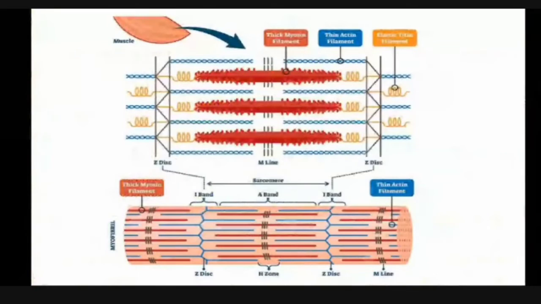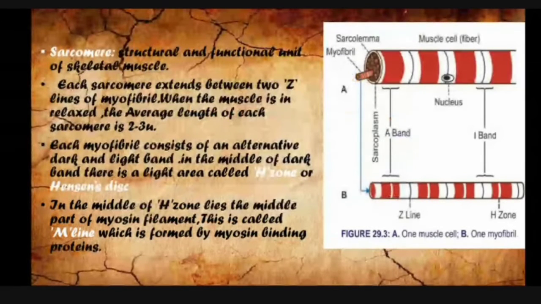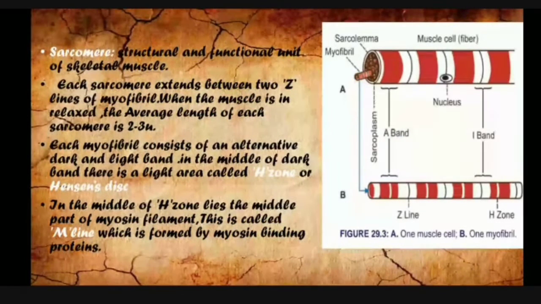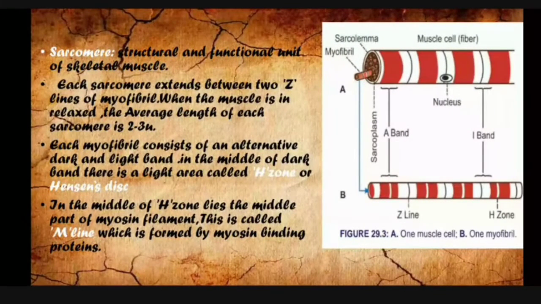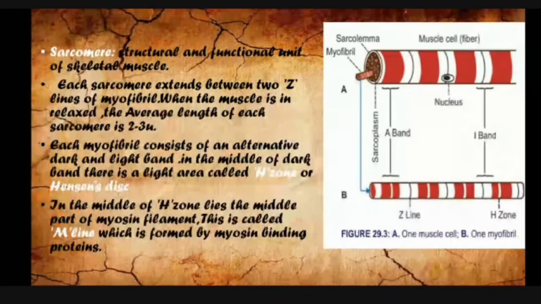This is the pictorial representation of the structure of the sarcomere. Sarcomere: the structural and functional unit of skeletal muscle. Each sarcomere extends between two Z lines of the myofibril. When the muscle is relaxed, the average length of each sarcomere is 2 to 3 micrometers.